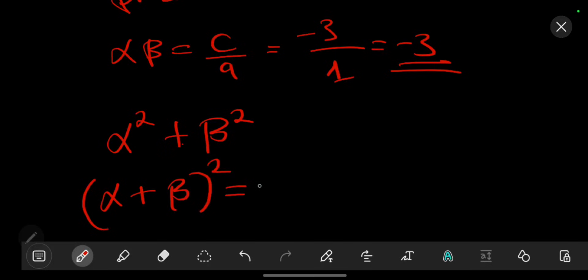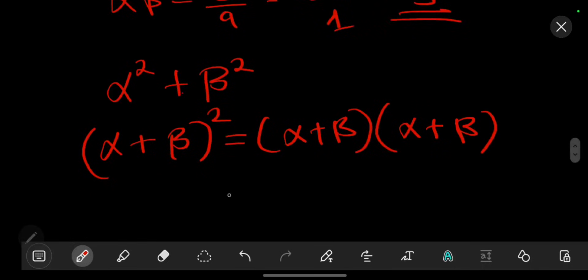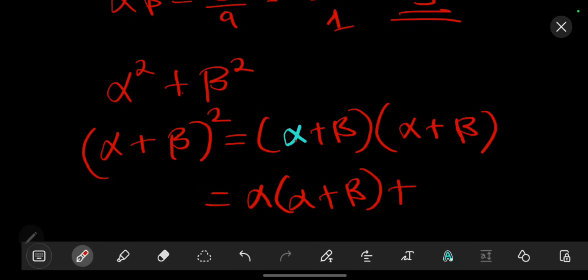The expansion is the same as having alpha plus beta, squared means let it come twice, alpha plus beta. So let the first one multiply everything, so it will be alpha times alpha plus beta. Then plus, let the second one multiply everything, so we have beta times alpha plus beta.